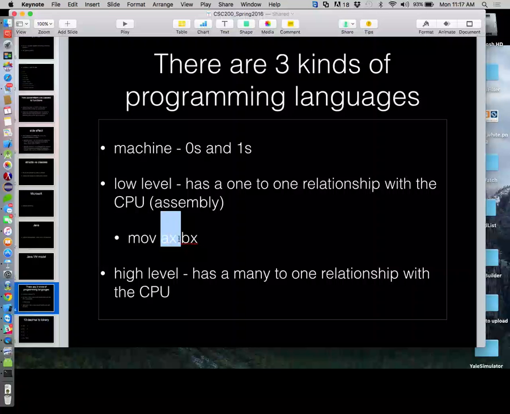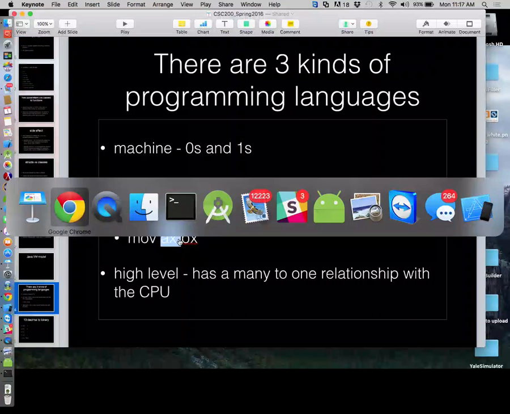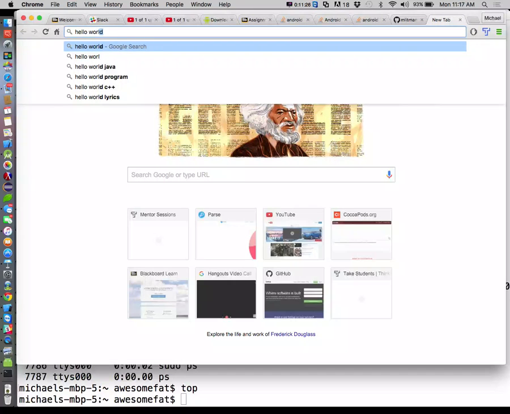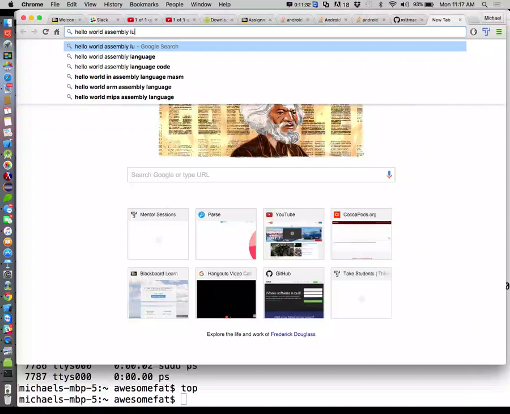So move some memory from one place to another. That might not solve a problem in and of itself, but in the big scheme of things, it solves a real problem. To show you this, I'm going to look at hello world. Let's do assembly, get a Linux out of this.